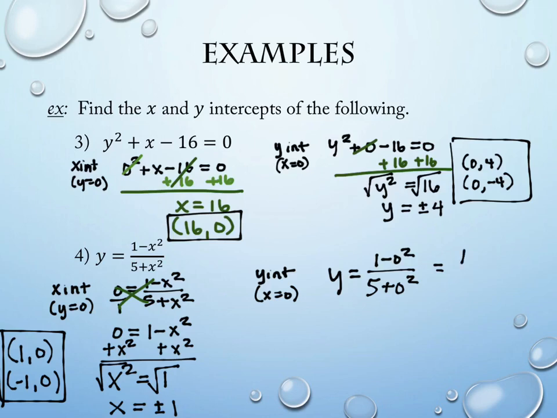And on bottom? 5. So while the values don't necessarily end up looking nice when we're dealing with rational functions like this, finding y-intercepts is usually the easier one to do. There's less work involved because the y is already solved for, alone on the left, and the right-hand side simplifies and collapses very quickly. So I end up with 0 for x and 1/5 for y. So that's my y-intercept on this one.